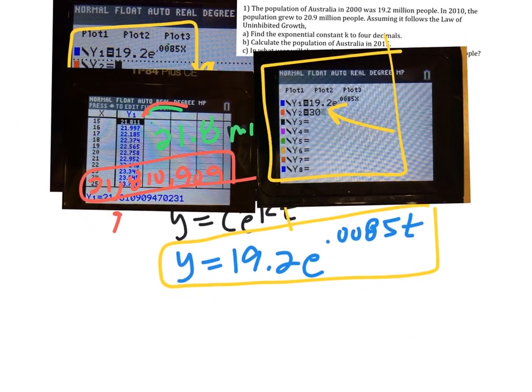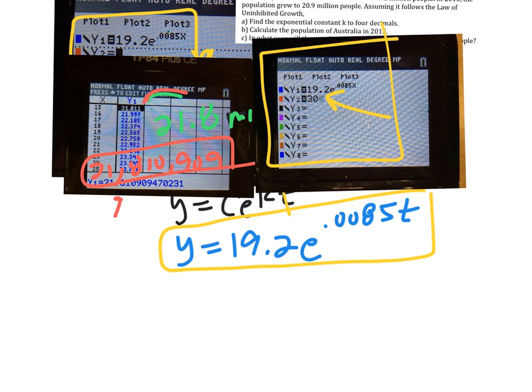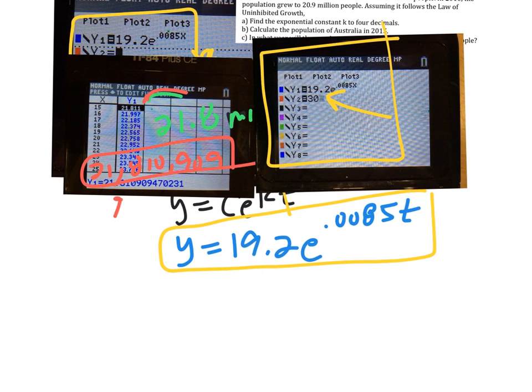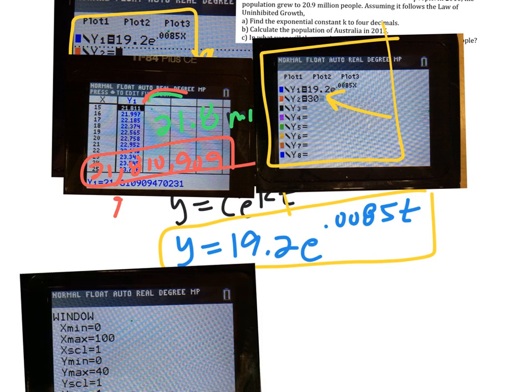The only difference is I'm going to have to change the viewing window from what I had previously, because before I was solving for letter k, the exponential growth constant. So here is the viewing window which I'm choosing to use for this question. I'm looking for my x value. When will the population reach 30 million?